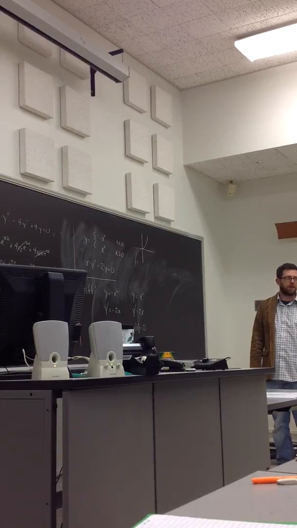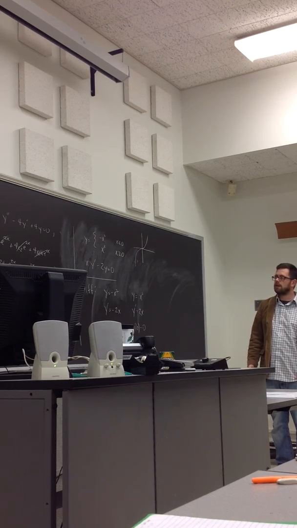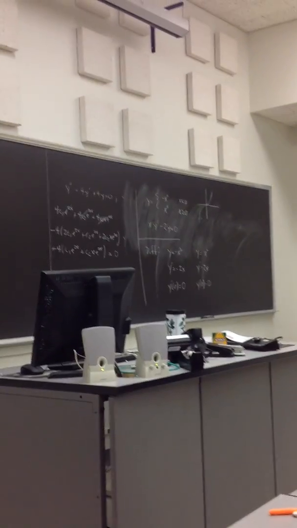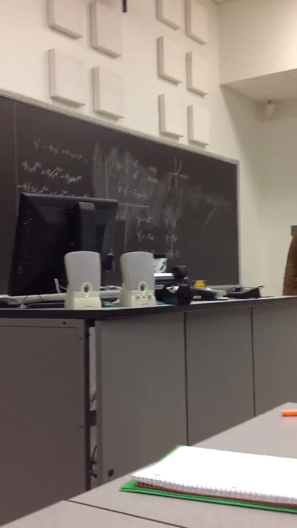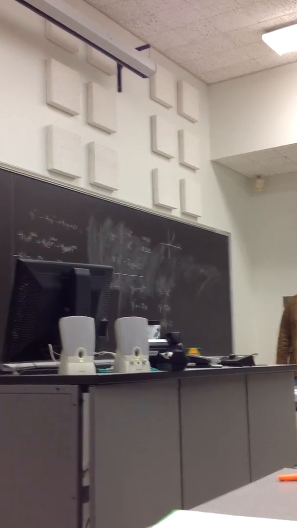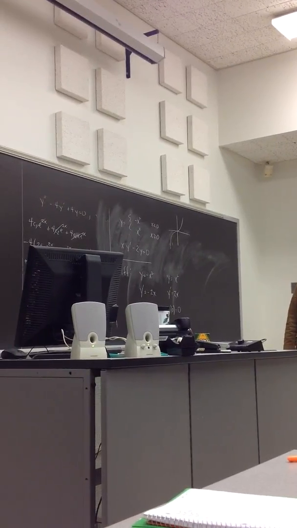What do you suppose the other two things are that we need to check? We already checked that it's continuous. Ordinarily, what do we do to check to see if the function is a solution? We substitute it, right? But here we have two different functions. So we need to check if the left-hand piece is a solution, and we also need to check if the right-hand piece is a solution.